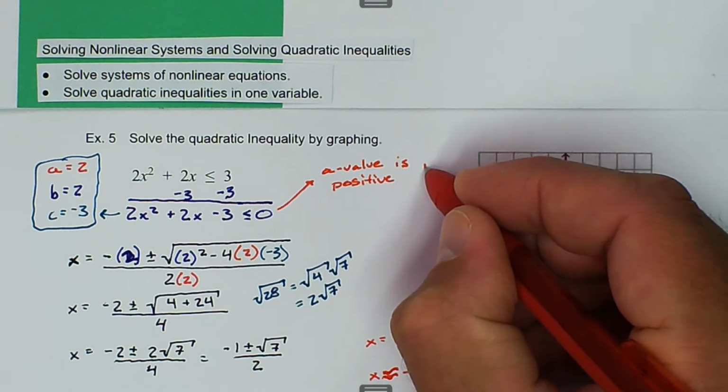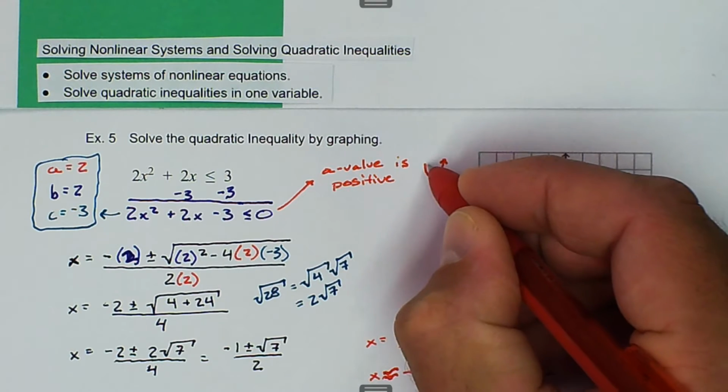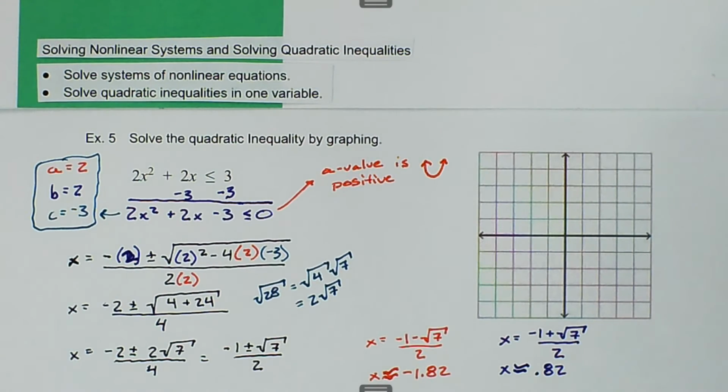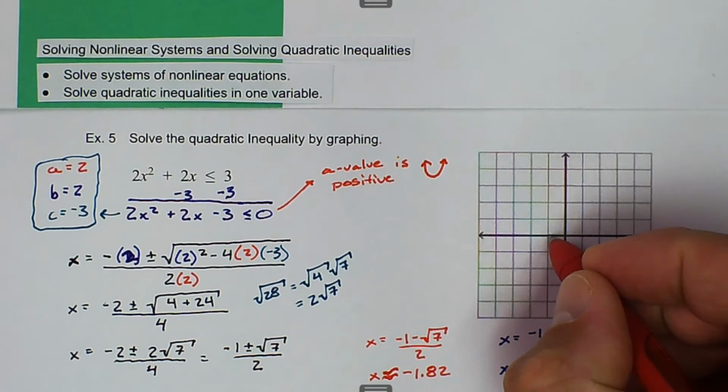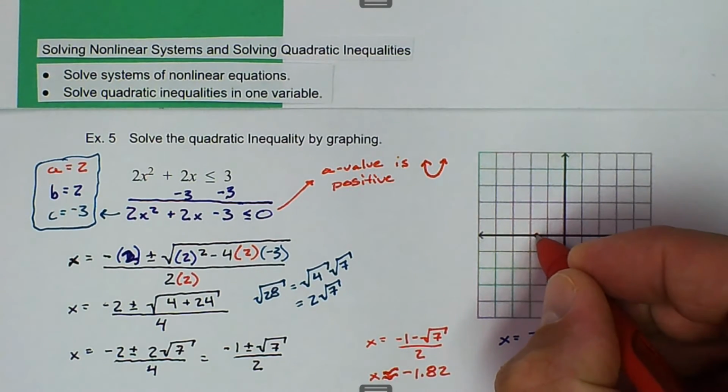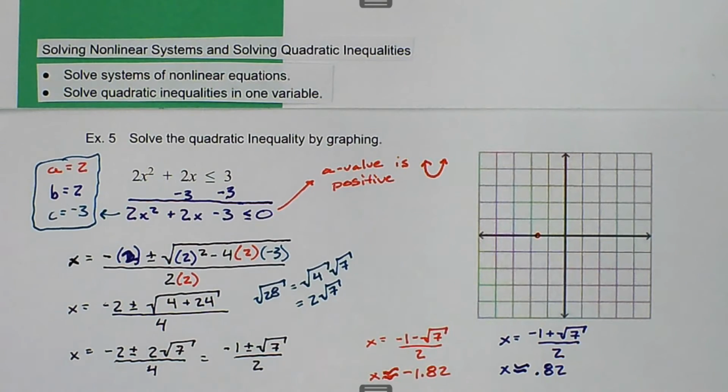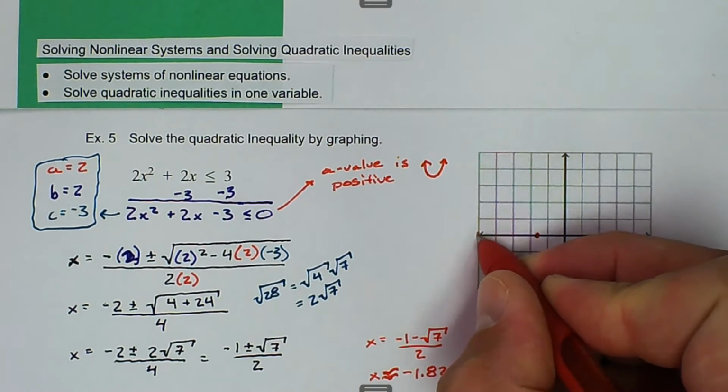So we understand that our parabola is going to open up like this. So we have the point x is negative 1.82. So here's negative 1, here's negative 1.82. It's not exact, but it is close.